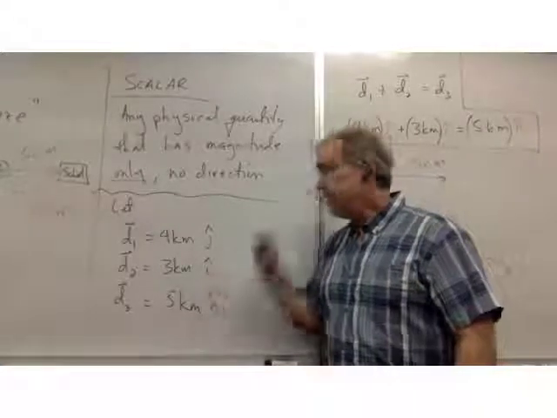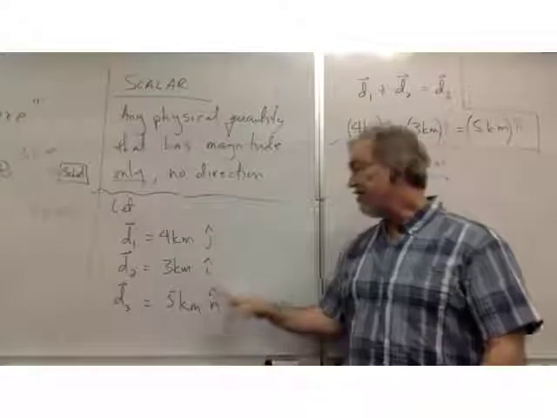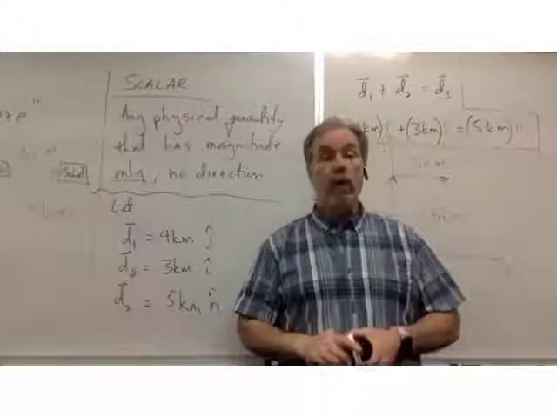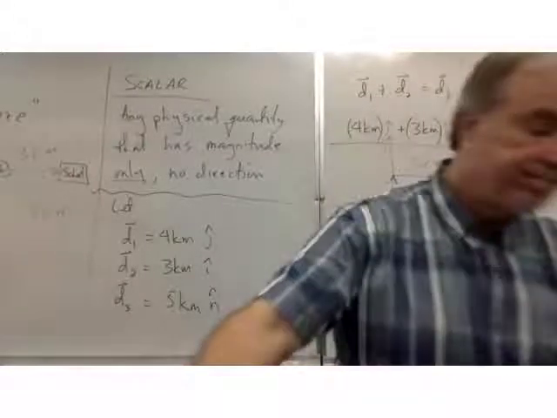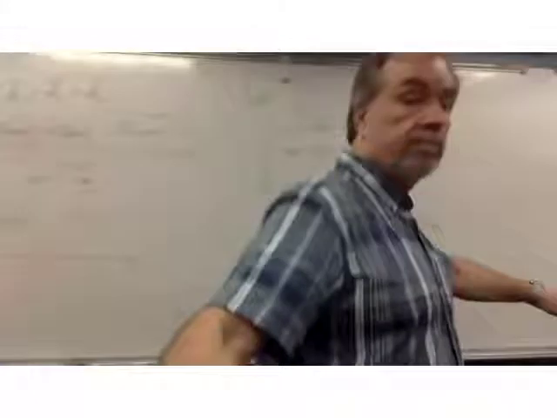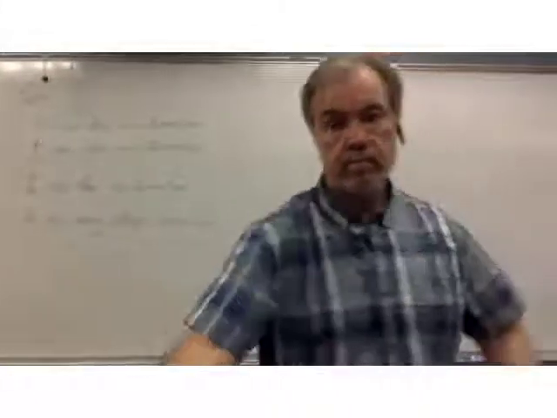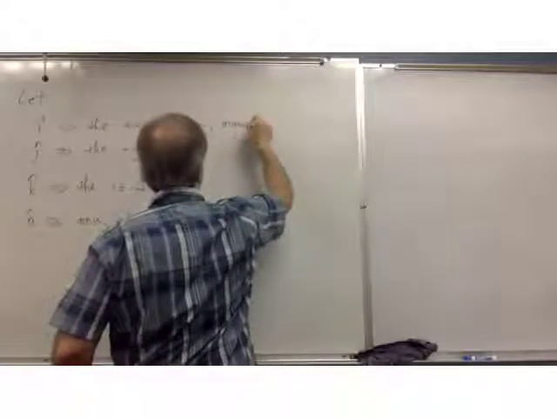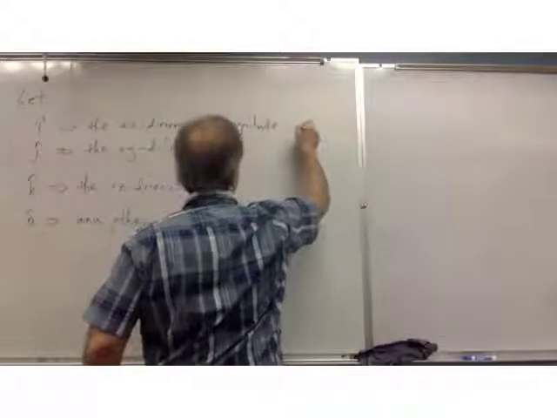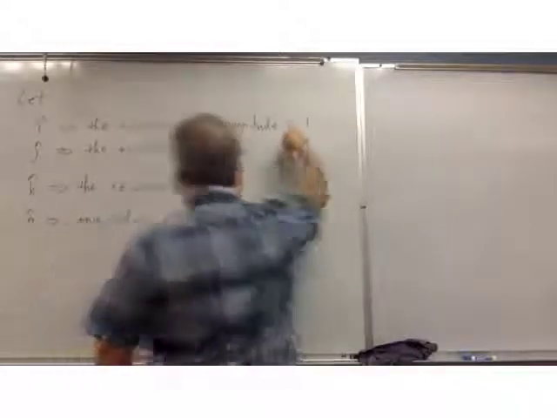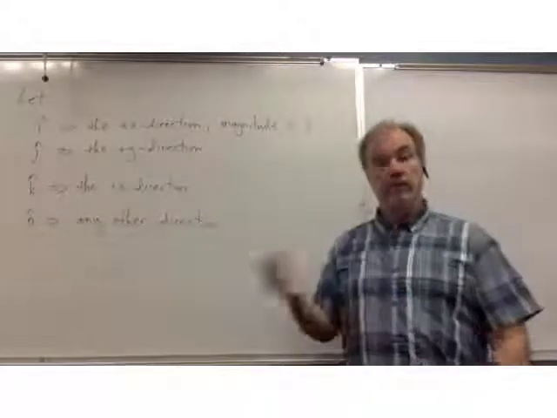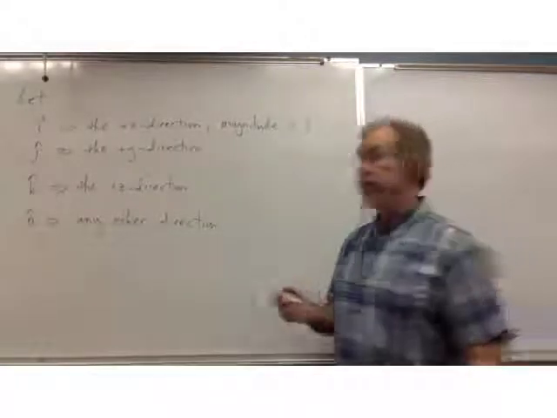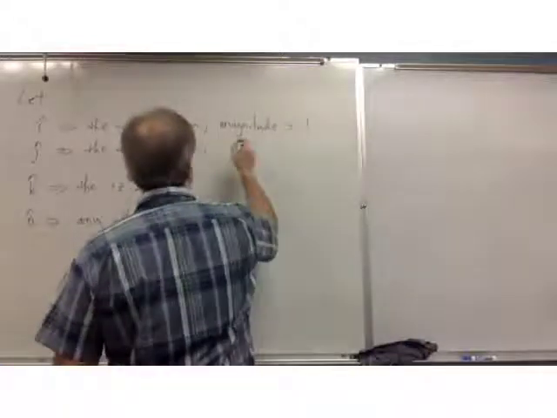And so the magnitudes of i hat and of j hat and of k hat and of n hat are all identically 1. And that's part of their definition, in fact. The triple equal here means that it's defined to be, rather than it's just an equality, it's actually a definition. It's a choice rather than a calculation.